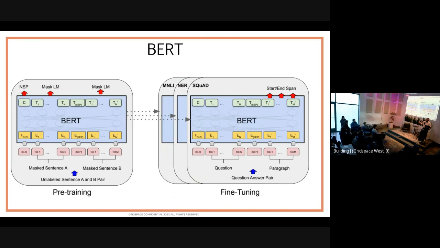BERT looks kind of like this. I have GPT too. It is basically you have a pair of sentences, and you are masking some of the tokens, and you're trying to predict the masked tokens. And in the original BERT paper, they're also doing other tasks along with trying to predict missing tokens.